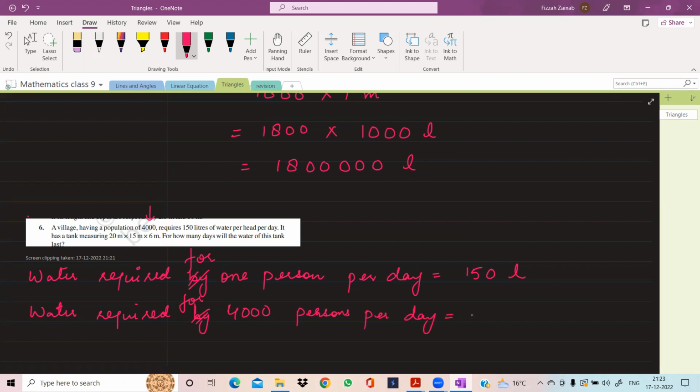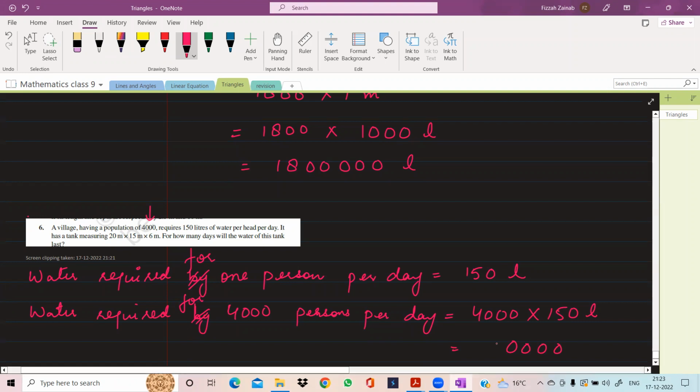So you multiply this by 4,000. So 4,000 into 150 liters. How much is it? Put 40 first of all: 1, 2, 3, 4. Now 4 into 5, 20. Carry 2. 4 into 1, 4, and 2, 6. This is the amount of water required by the total population every day. Understand?